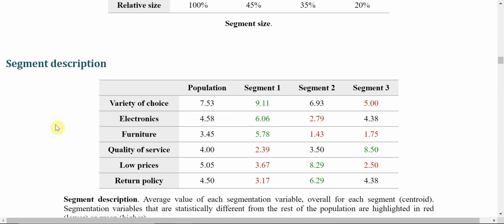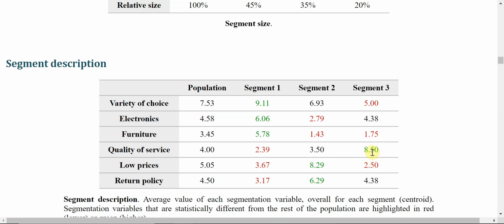And sometimes we can consider multiple attributes. We are strong in return policies and services. Return policy here is greater than the population average, and quality of service here, segment number 3.